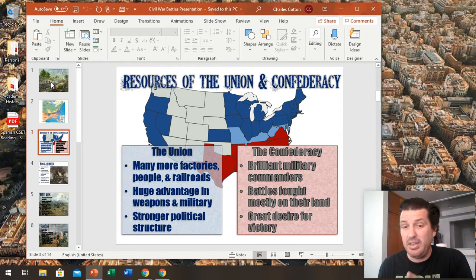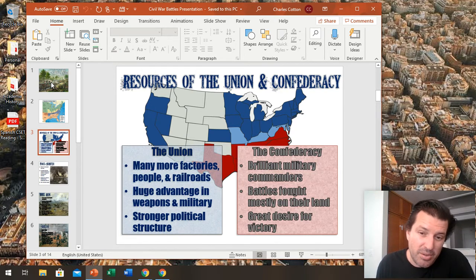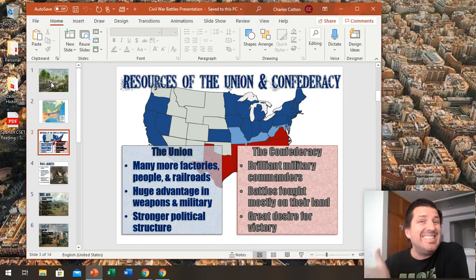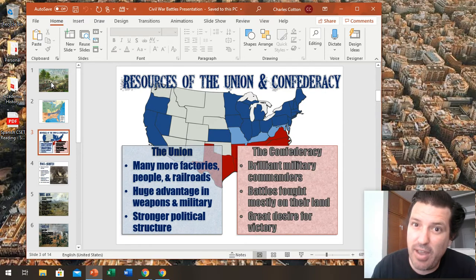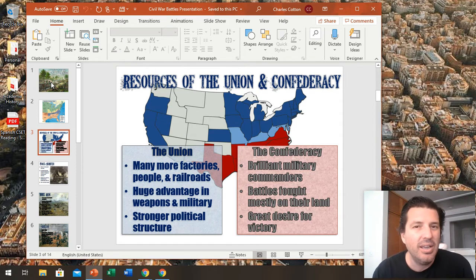The Confederacy, the South, had good military commanders, but they didn't really have the resources. And even though the battles were fought mostly on their land, it was a defensive war for them, and usually that's a big advantage for the South. It ultimately wasn't enough because they just didn't have the resources or the organizational capabilities, the logistical might that the North had.